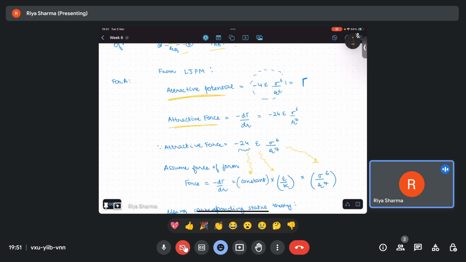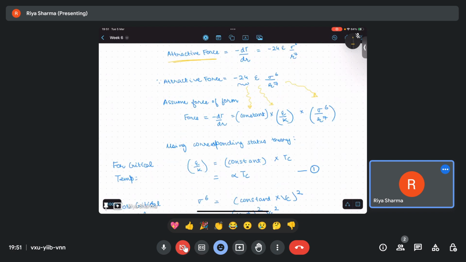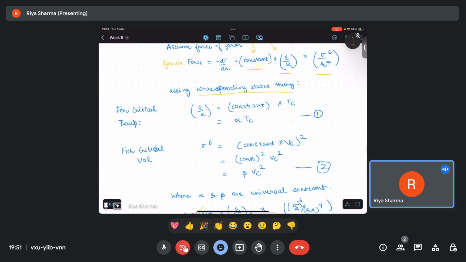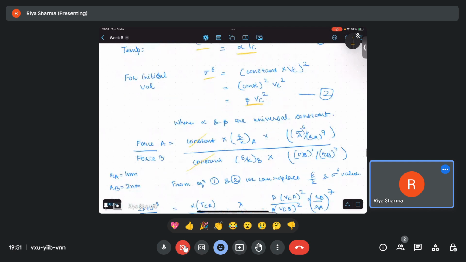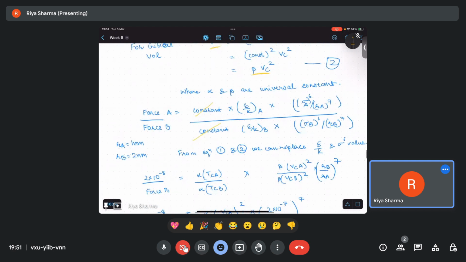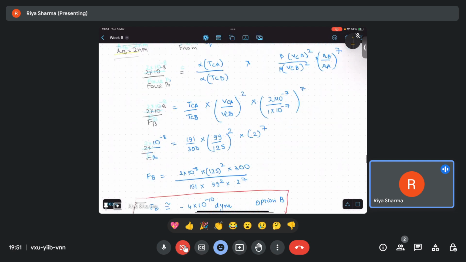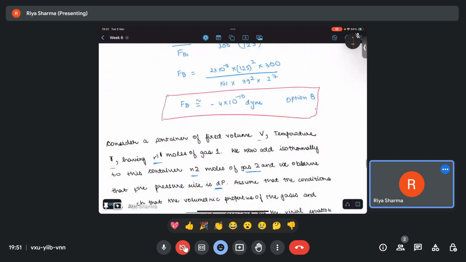So we differentiated du by dr, where we related the general force by an expression of constant epsilon by k and sigma by r, and then using corresponding states theory we found that E by ak is equal to this much, and this will be beta Vc square. Then we divided the equations, put in all those values, and got the force approximately.